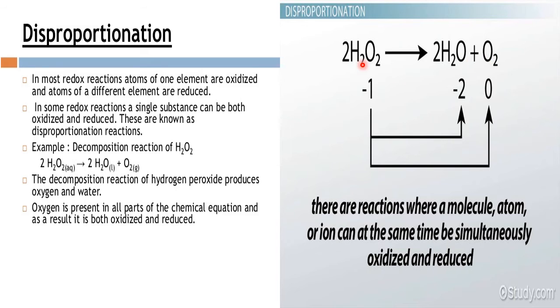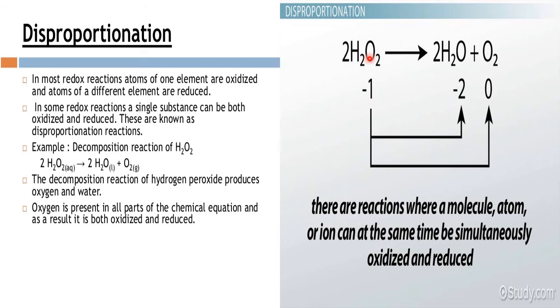Here hydrogen is plus 1, oxygen is minus 2. Here oxygen is minus 2, this is minus 2. Now which atom has undergone change in the ON, you have to check it here. See here, this is in minus 1. Why is O in minus 1?